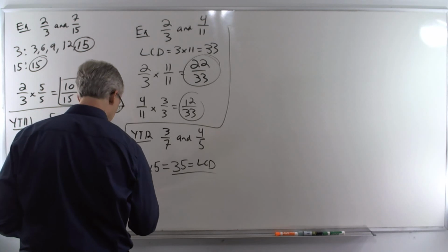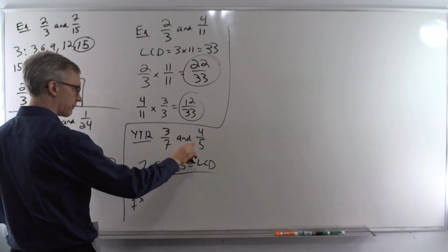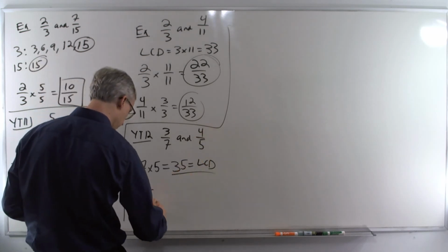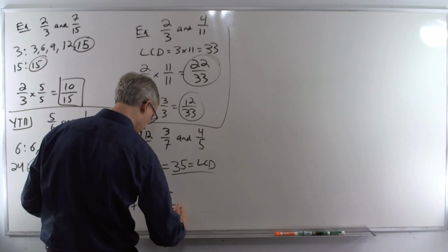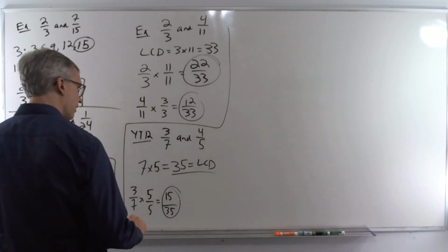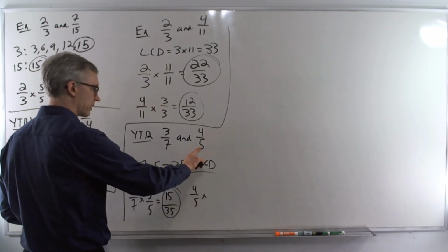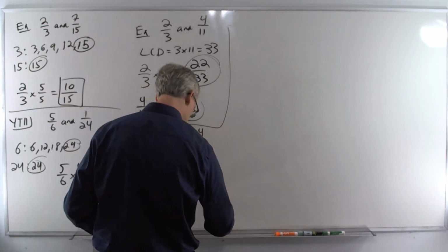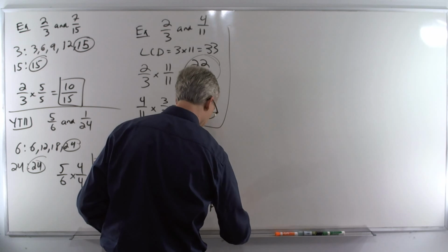And we'll take this first fraction, and we're going to multiply this one by this denominator over itself, so it'll be 5 over 5. That gives me 15 over 35, and then over here we got 4/5. And multiply this one by this fraction's denominator over itself, so 7 over 7. That gives me 28 over 35.